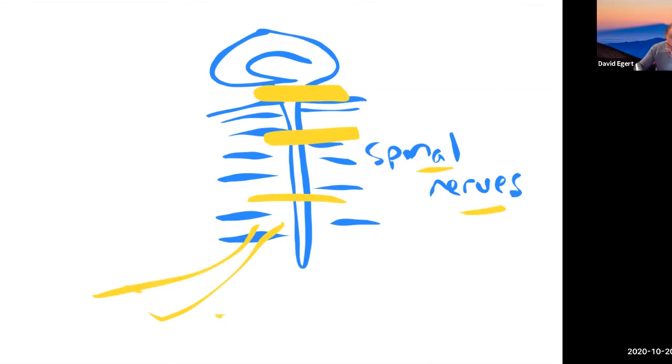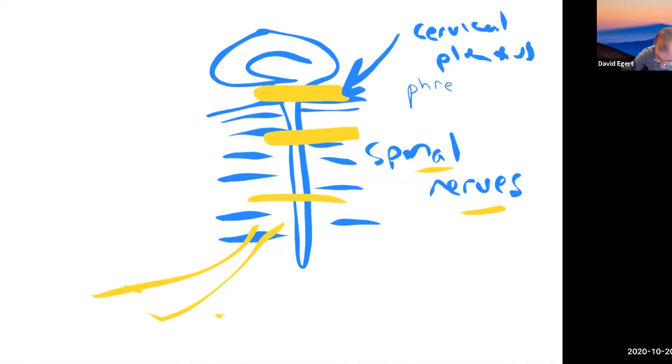So basically, at the very top, what we call the cervical plexus, this is where we have the phrenic nerve, and you should know the phrenic nerve. Coming off of here, they say C3 through C5.